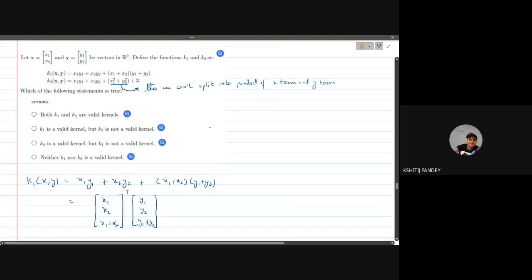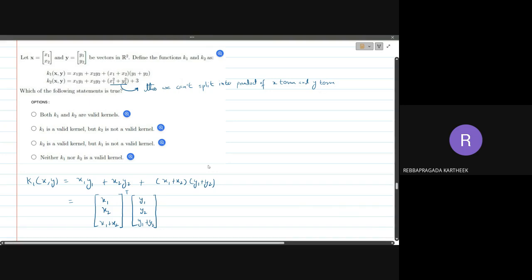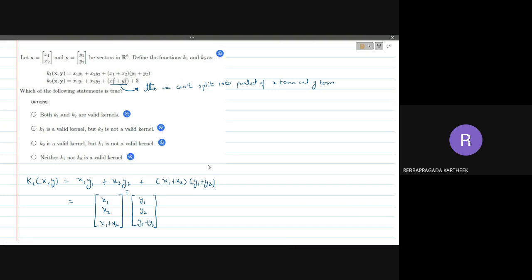Okay, so is this question clear to you all? Instead of the plus sign, what if you had a minus sign? x1 square minus y2 square. In that case it wouldn't be a proper kernel.